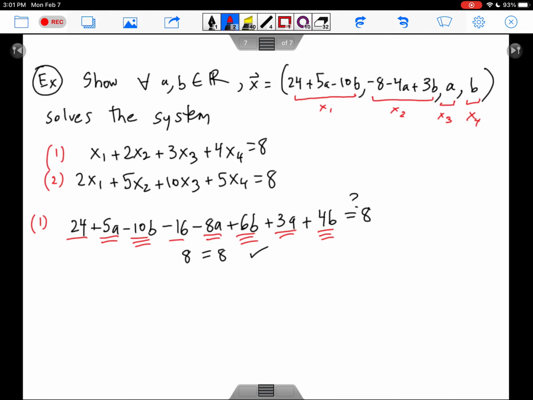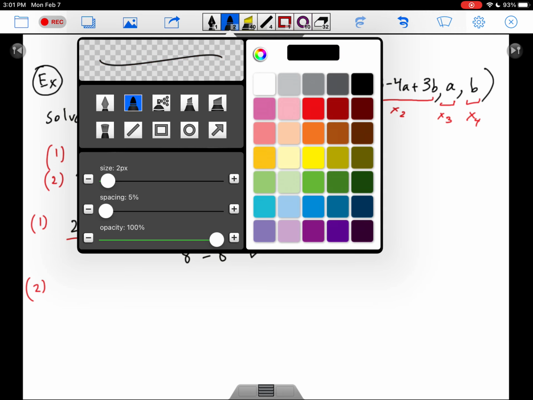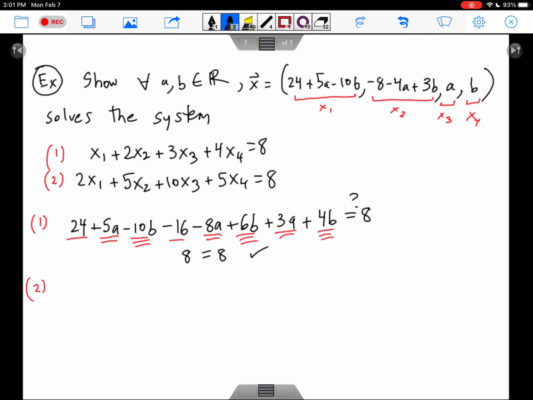So now we're going to check equation 2. So let's go ahead and plug it in. We have to double x1, so that would be 48 plus 10a minus 20b.